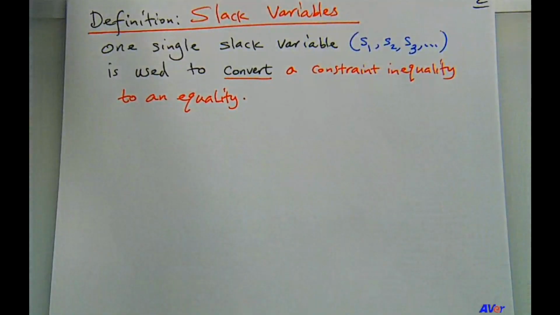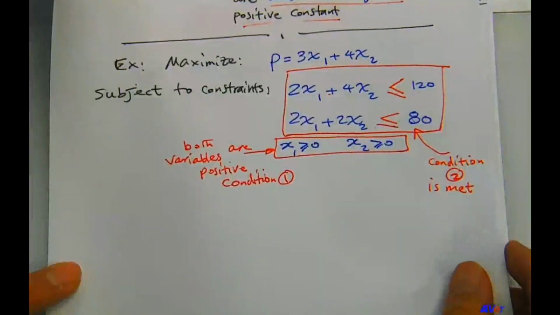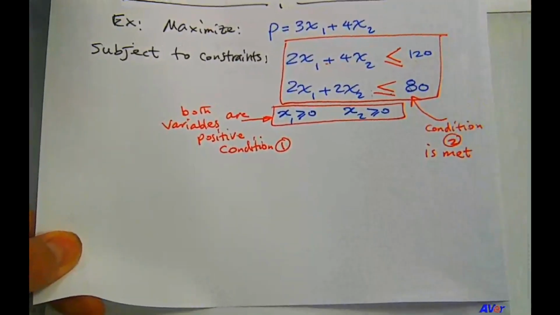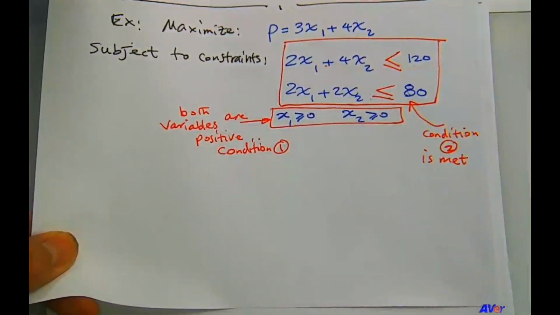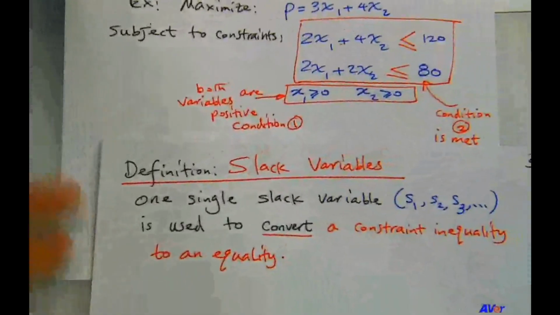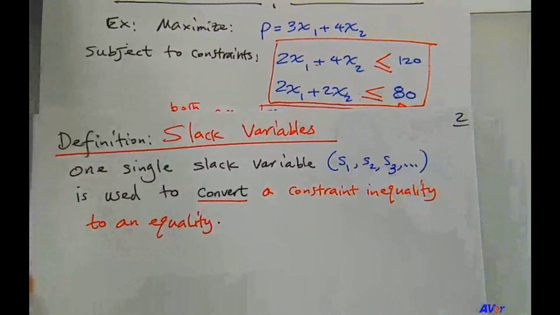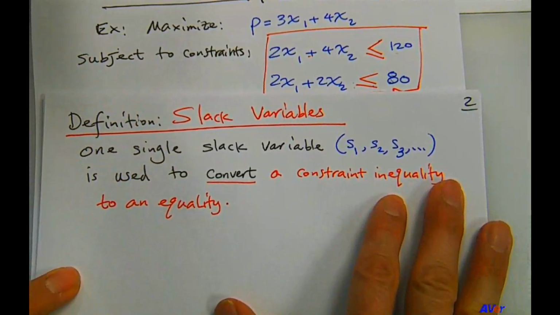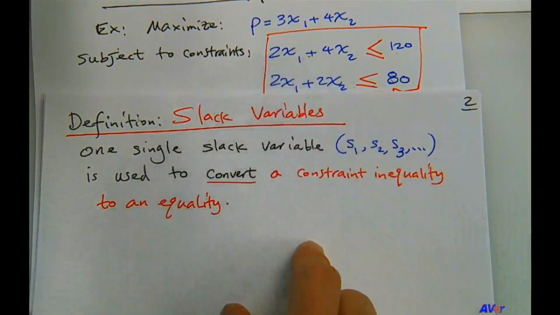Let's take the same example that I had before and see how we're going to convert these two into equalities. I'm just going to use the same constraint inequalities.